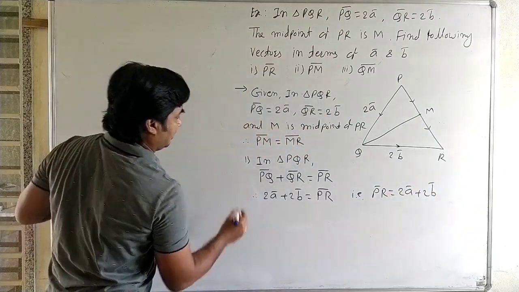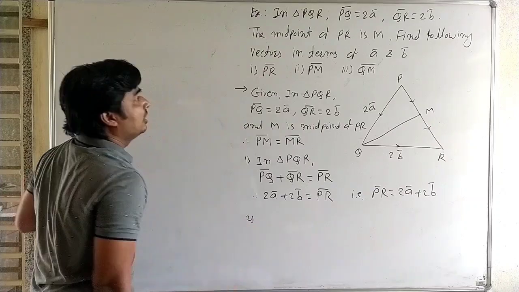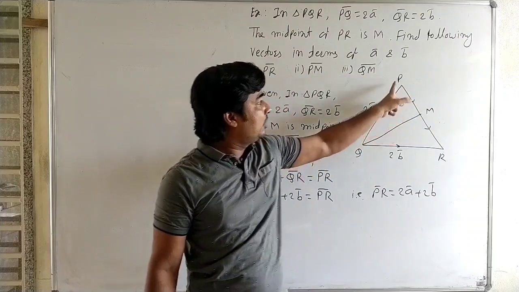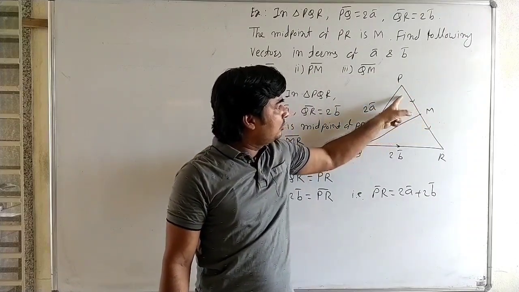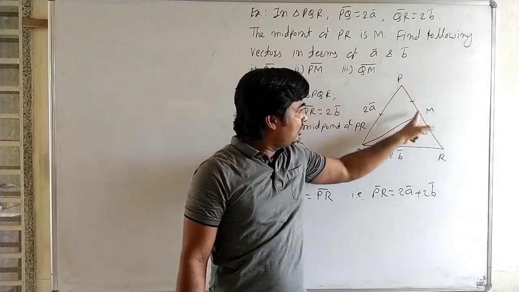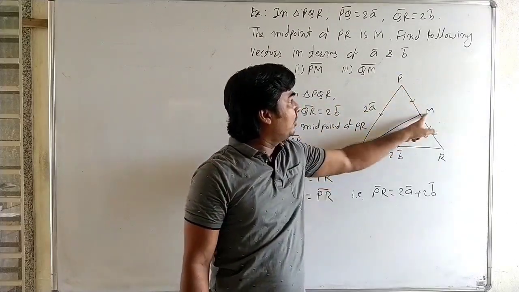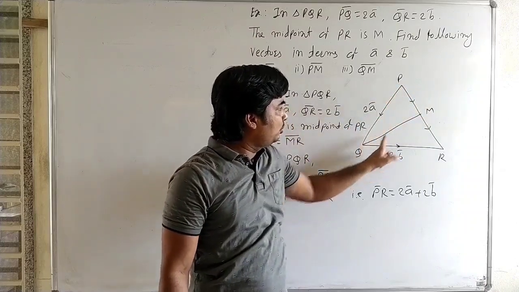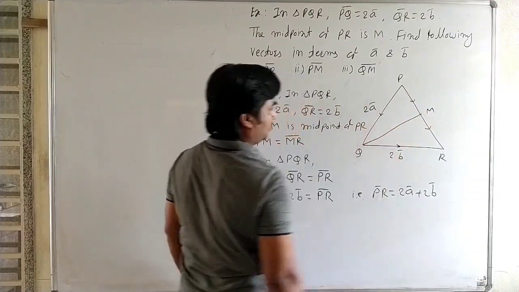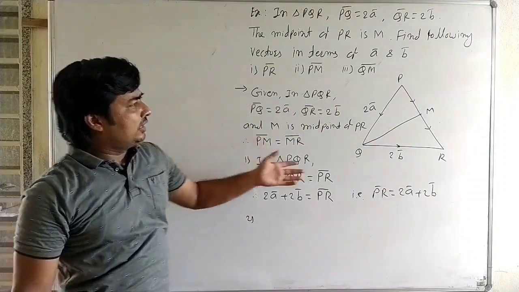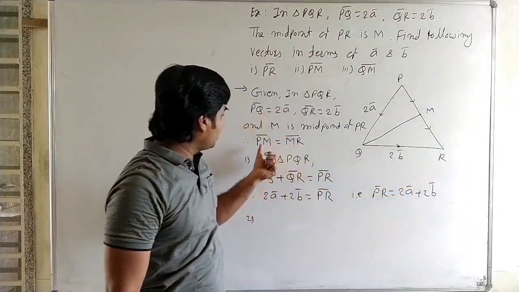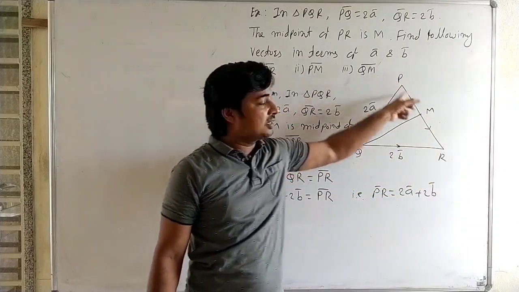Then the second: we want to find the vector PM. PM is a part of the triangle PQM. We also know that PM is half of PR, because PM and MR are the same.